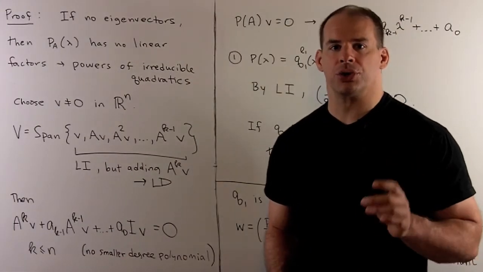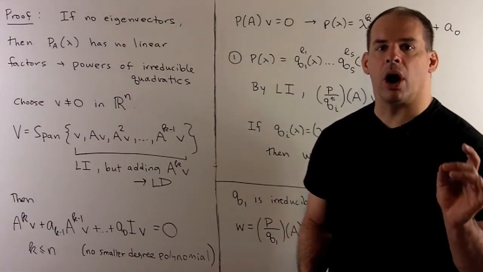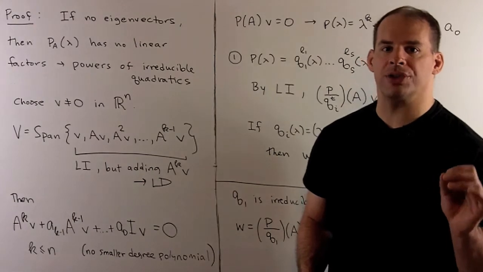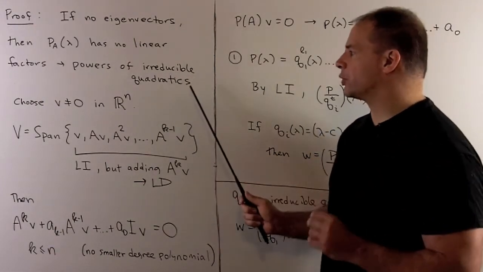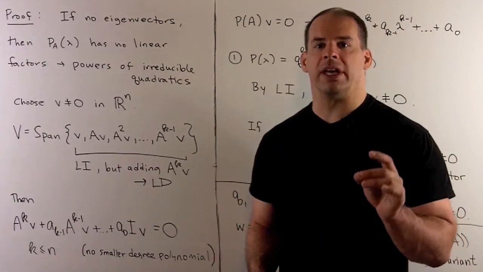Let's see why our result is true. We know how to find eigenspaces, so let's assume there are none. Then there are no linear factors in the characteristic polynomial, so we'll only find powers of irreducible quadratics. Choose a non-zero v in Rn.